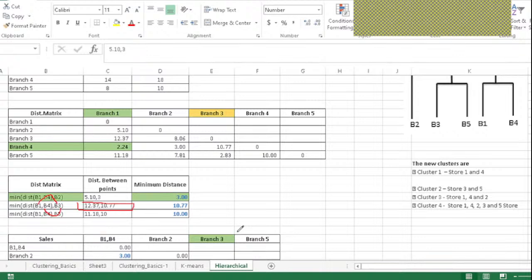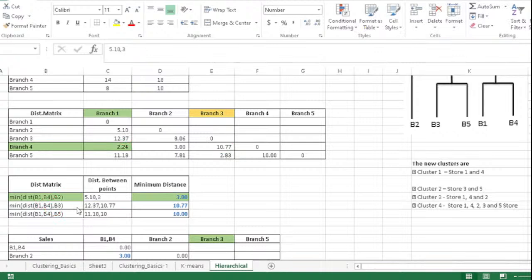Similarly, I take the distance between 1 and 5 and 4 and 5, which is 10.